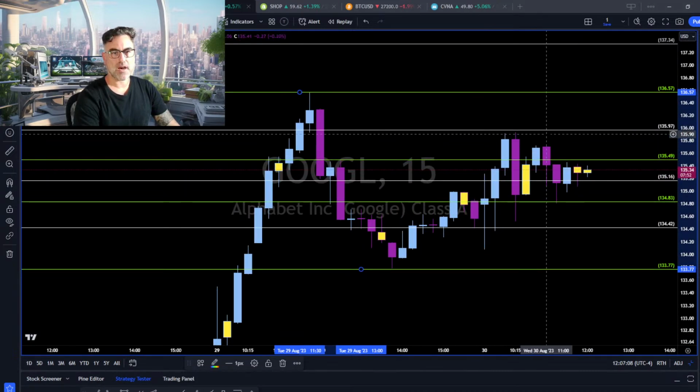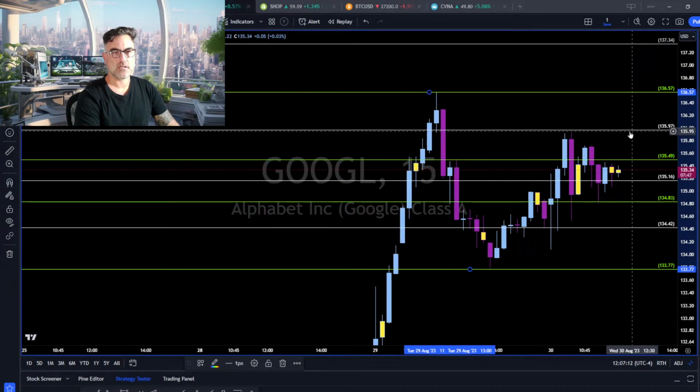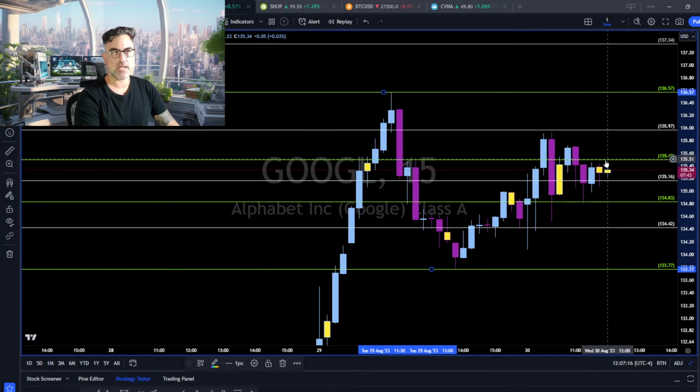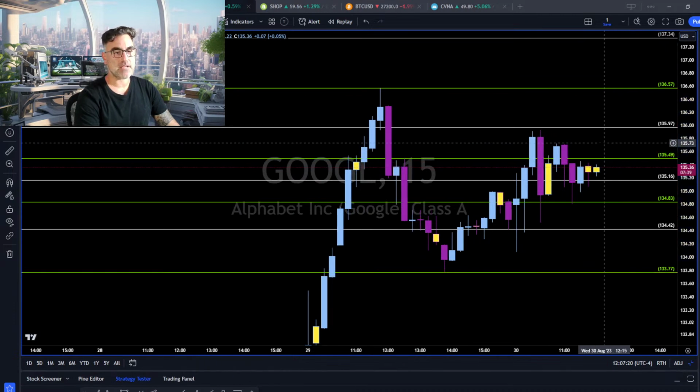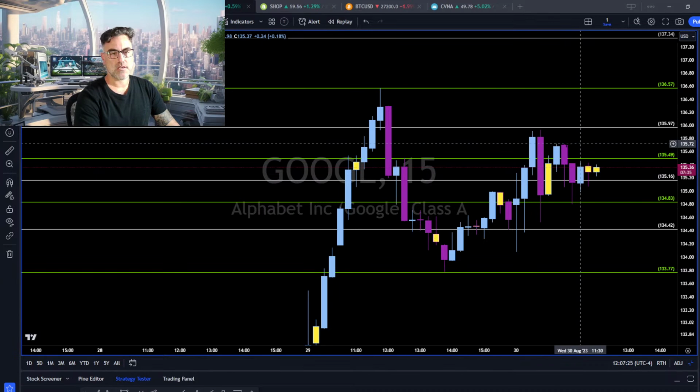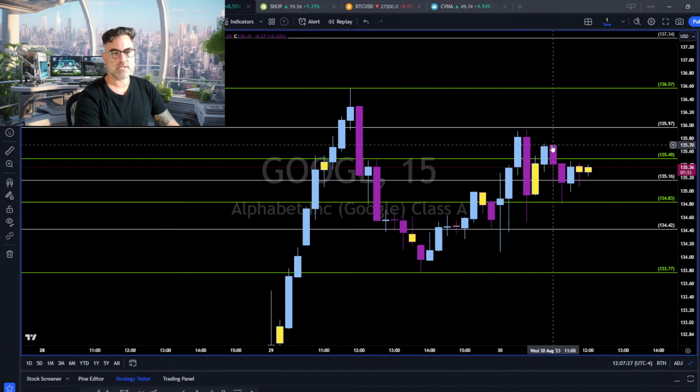Long above 135, 136, and then we are heading towards 136.57. We can also take long above 135.59, but it's very dangerous because we have this level of resistance over here, small resistance.